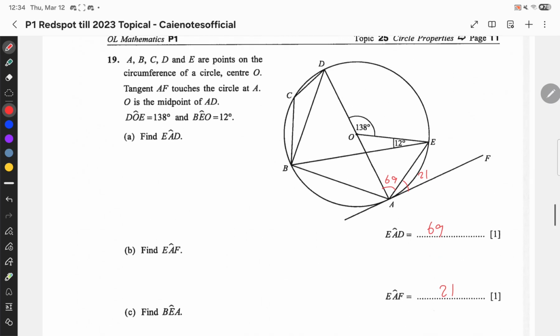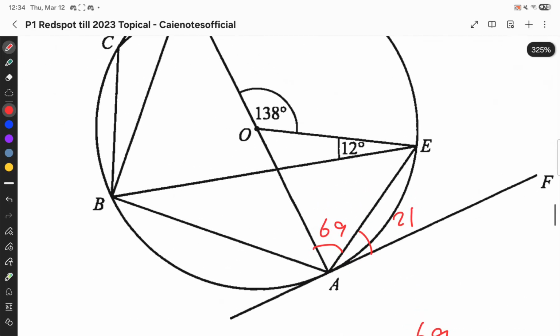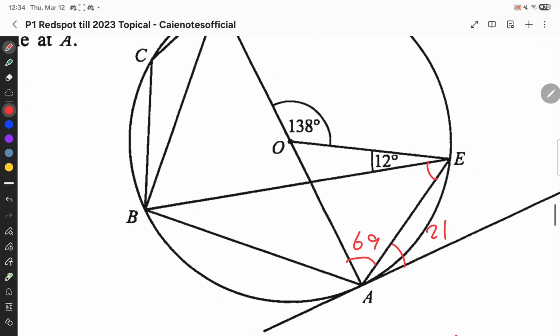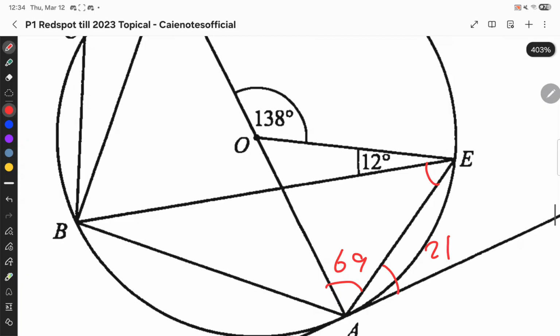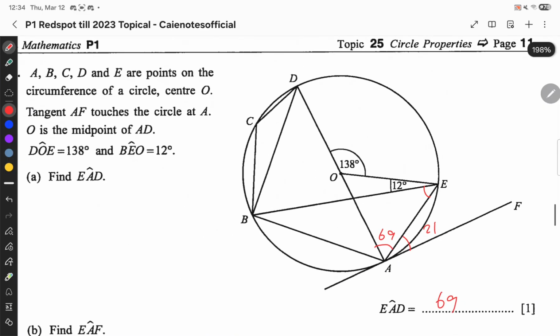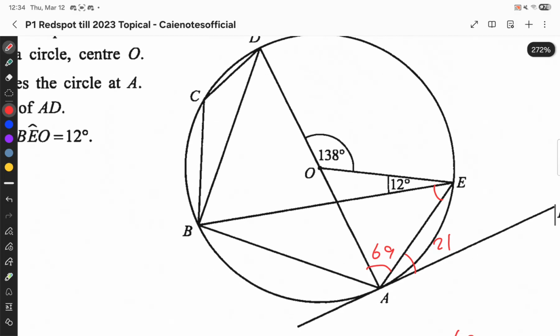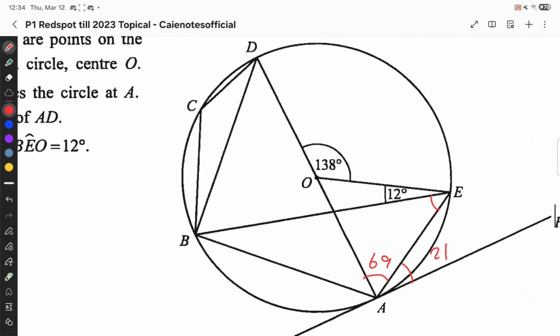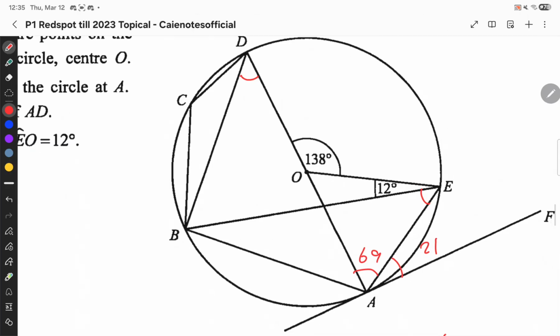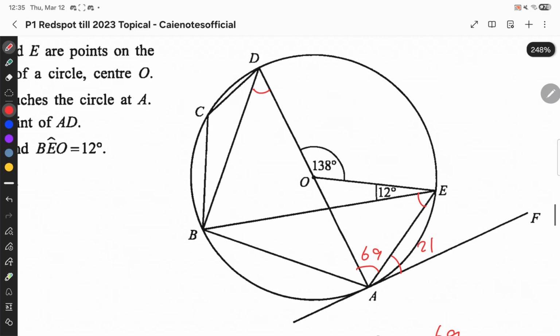BEA. We know one angle of here. How is BEA made? BEA is made by BA, and so is angle D. So we can bring it up here. Why do we need to bring it up here?